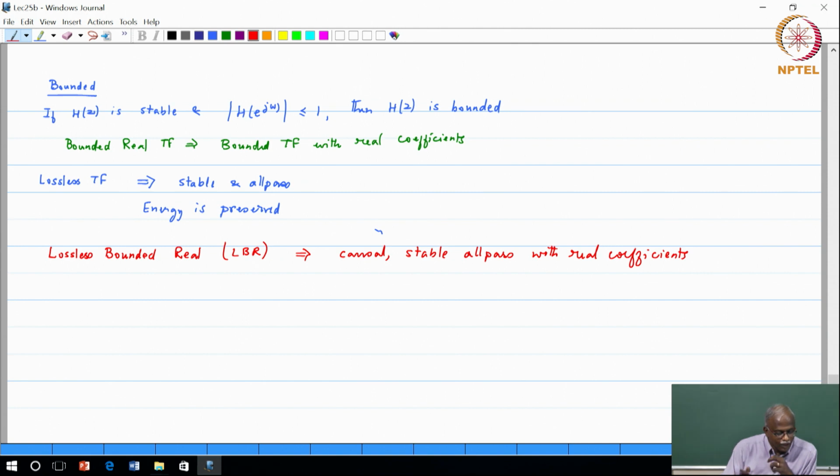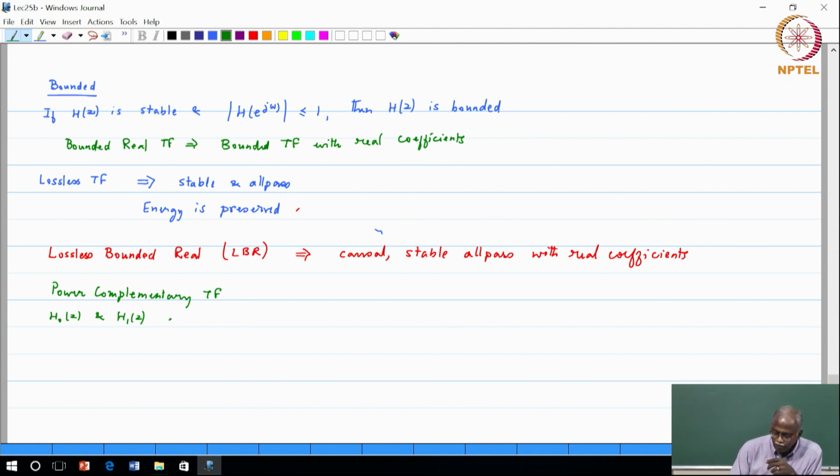Now here comes a very interesting extension of what we have been studying so far. We call a set of transfer functions power complementary if they satisfy the following: H naught of z and H1 of z are two transfer functions.